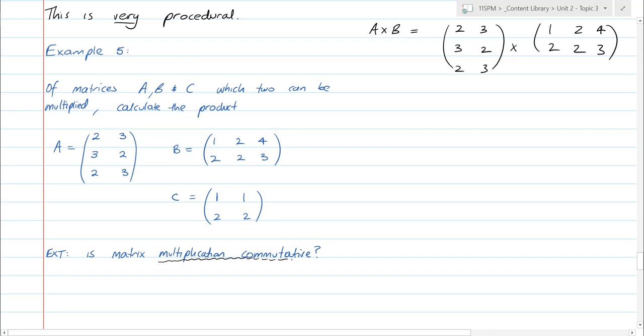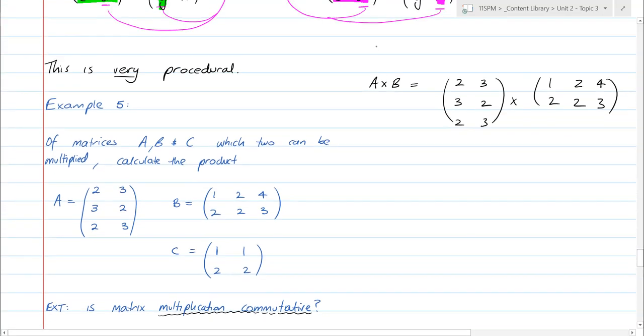Is matrix multiplication commutative? Does anybody know what commutative means? Okay, so that question is, does A times B equal B times A? That's what commutative means. Multiplication in the number system is, because 3 times 7 equals 7 times 3, and that works for all numbers. Does it work for matrices?